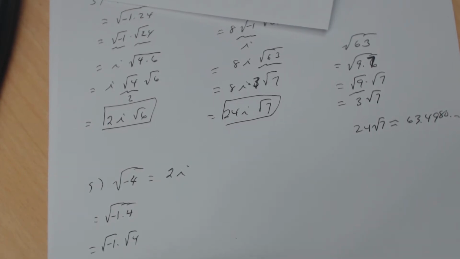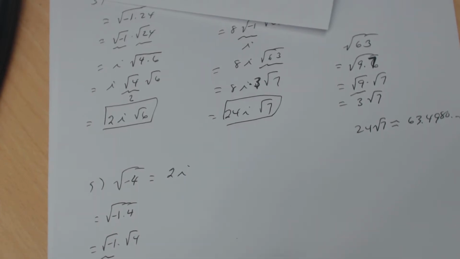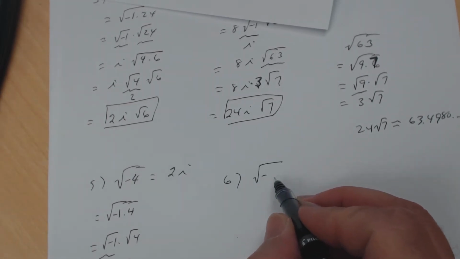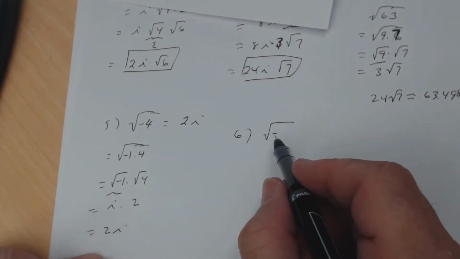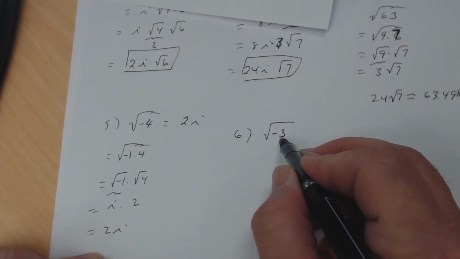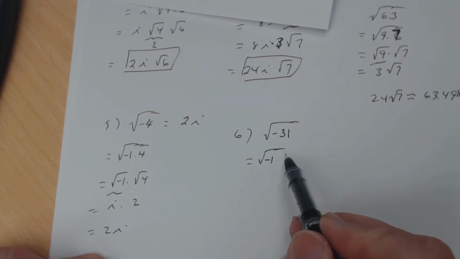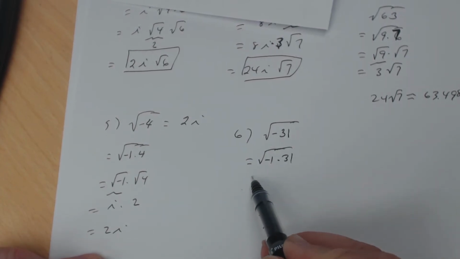So that's i times 2. Remember, square root of negative 1 is i. And so I get 2i. Right, so then, number 6, suppose I had the square root of a negative 31. All right, so that's going to be the square root of a negative 1 times 31.